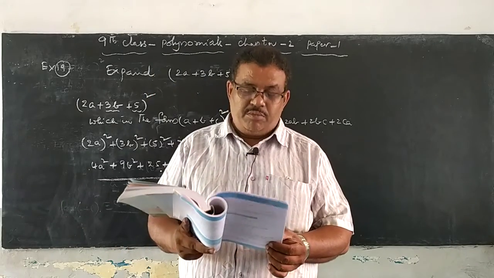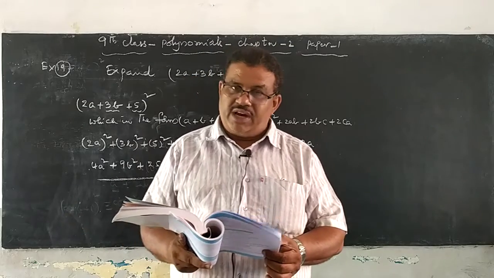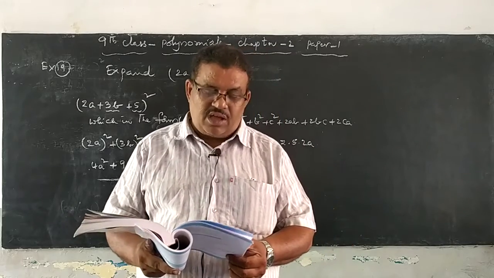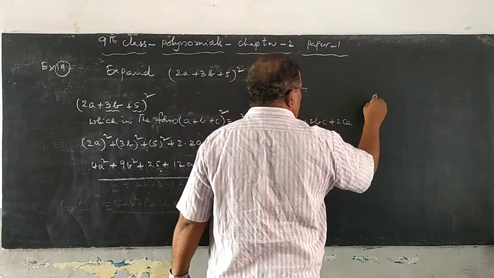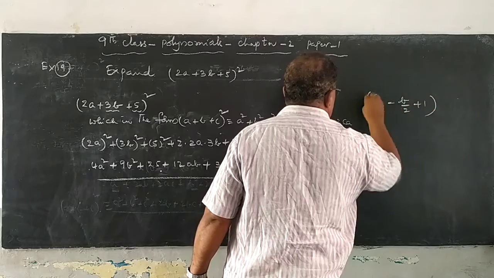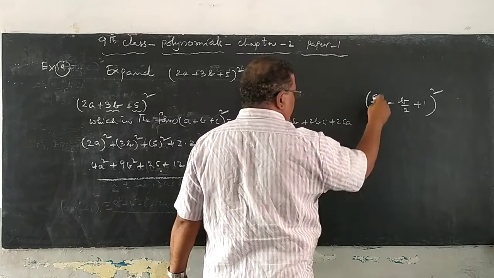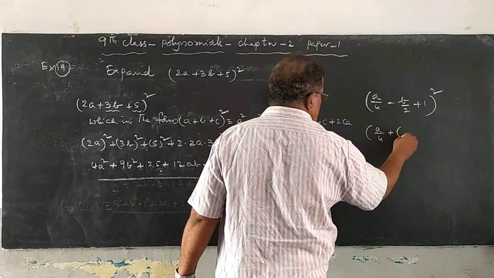(a/4 minus b/2 plus 1) whole square. In place of a we get a/4. You have to do just a small replacement, a small change.